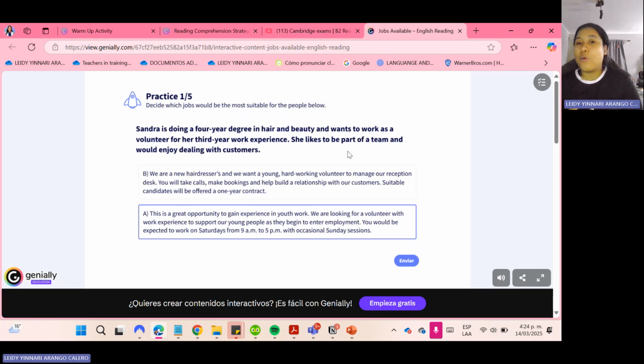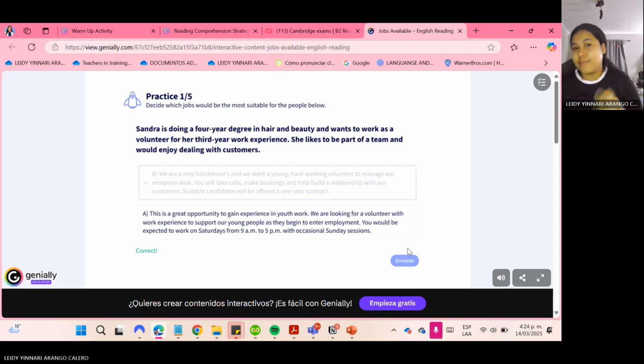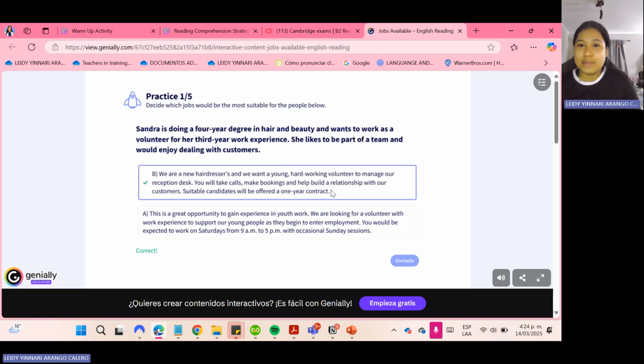They just say they're looking for people, but they are not specifying for what. So in this case, it's really important that we know how to identify these keywords. So in this case, B is the correct one, because like I mentioned before.